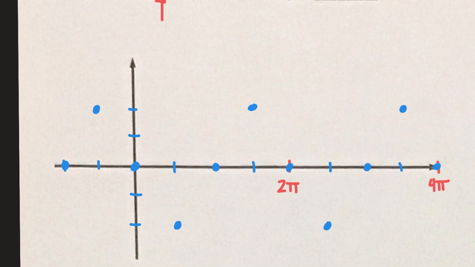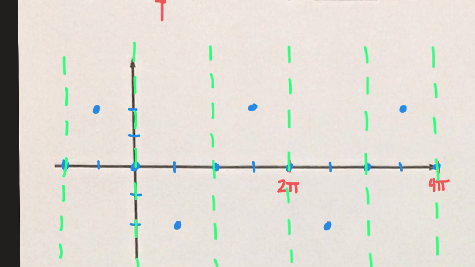So now that we have plotted all of those points, your zeros, your maxes, and your mins, we're going to put in our asymptotes. Everywhere that we have a 0, cosecant has an asymptote. So we put a vertical dashed line everywhere our dot is on the x-axis.